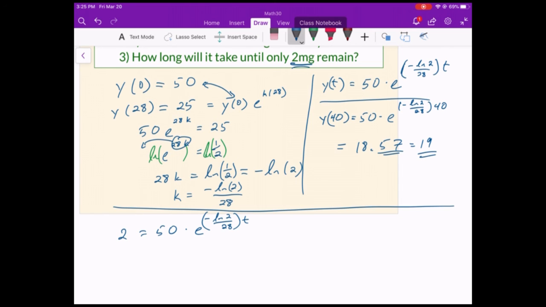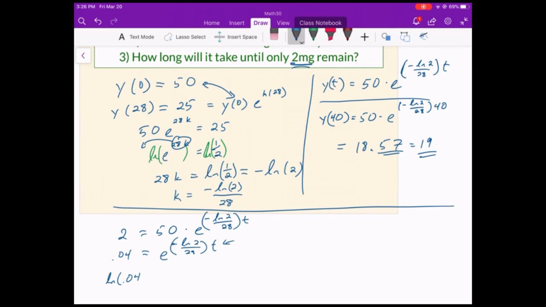So first things first, I can divide both sides by 50, and that gives me, switching to decimals here, 0.04 equals e to the negative natural log of 2 over 28 t.